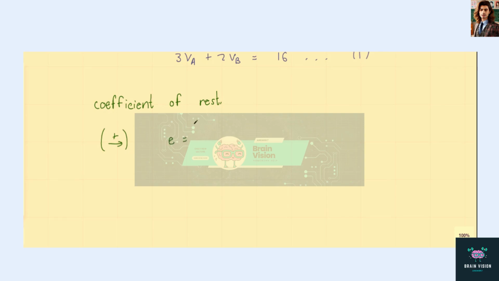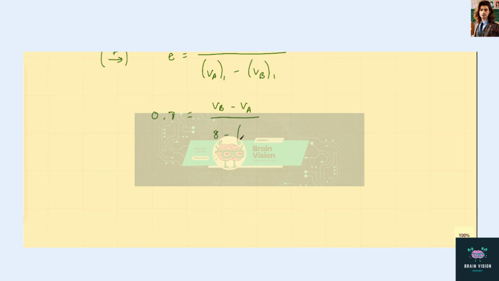We know that E is equal to the final velocity of B minus the final velocity of A, divided by the initial velocity of A minus the initial velocity of B. So this coefficient of restitution, which is given to be 0.7, is equal to VB minus VA over 8 minus 4.